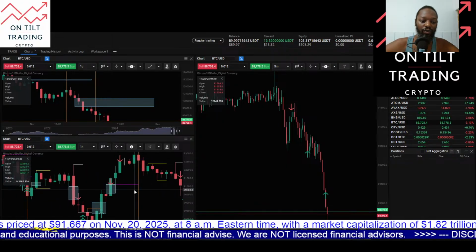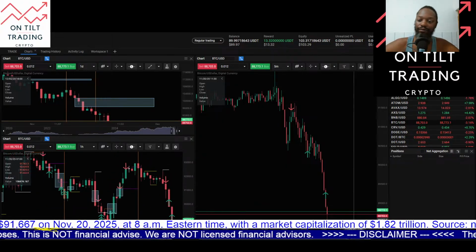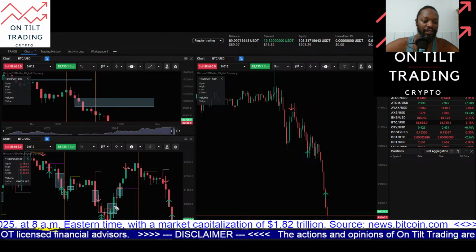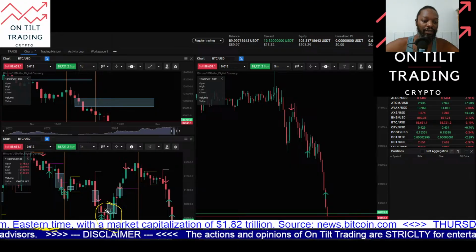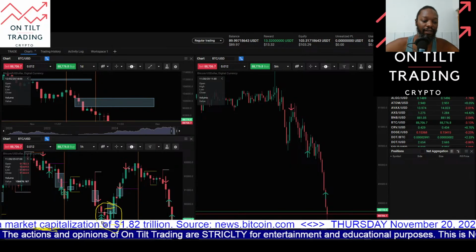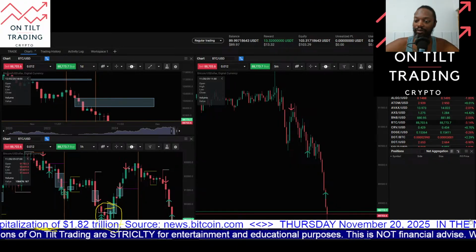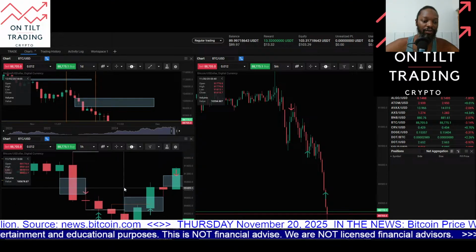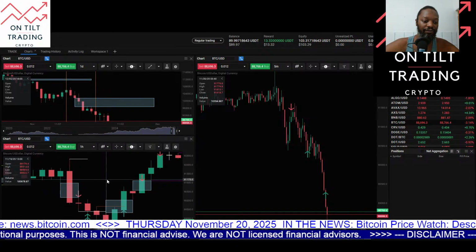This is the low of yesterday's PM session. If you can see in this area, there's a brown line here and a brown line here. These denote the highs and lows of the New York PM session.